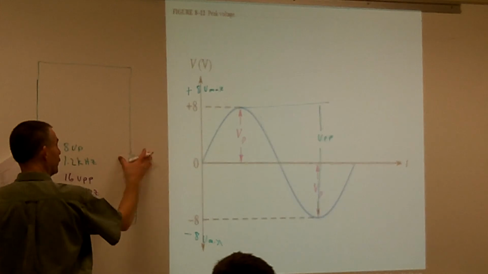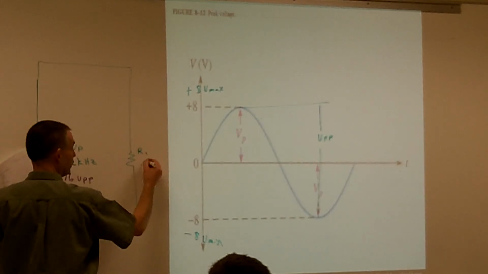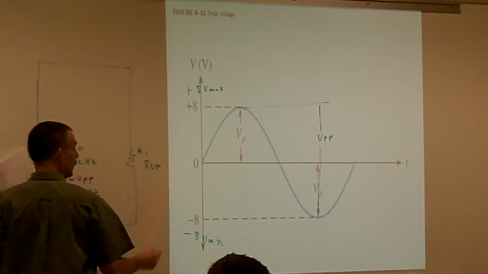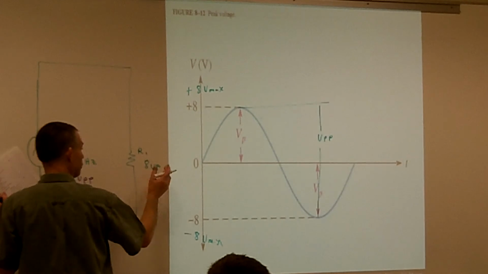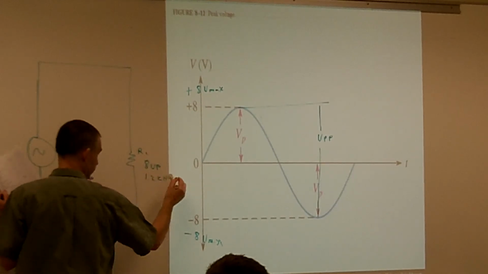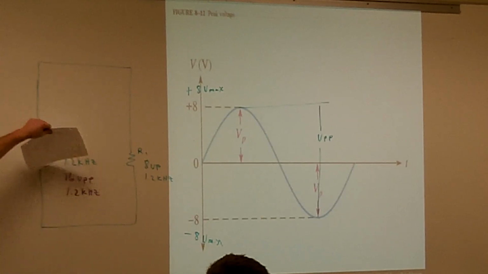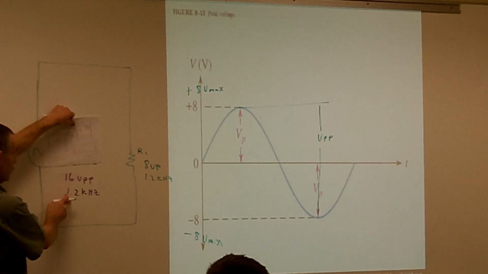So if I wanted to find out what the voltage drop across R1 is here, I would have to keep the units the same. I always want to keep my units the same so I never get confused with what's going on. So my voltage drop would be 8 volts peak at 1.2 kilohertz. Another engineer calls it at 16 volts peak to peak, 1.2 kilohertz.